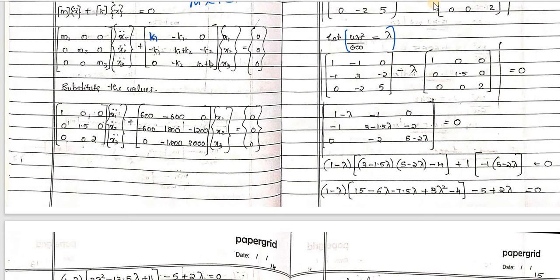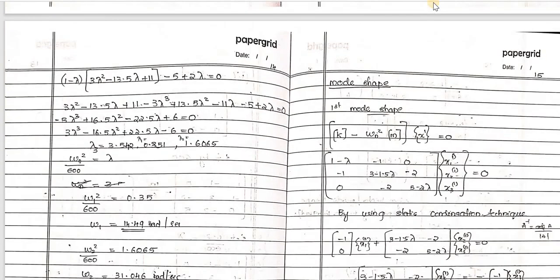I hope you know how to take the determinant. By simplifying this, I get an equation like this: lambda cube minus 16.5 into lambda square plus 20 lambda minus 6 is equal to 0. You can solve this equation by taking lambda common.